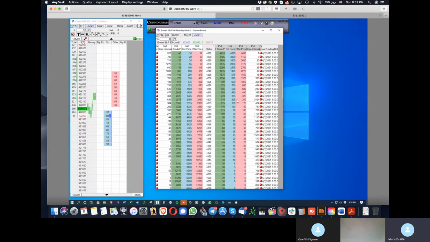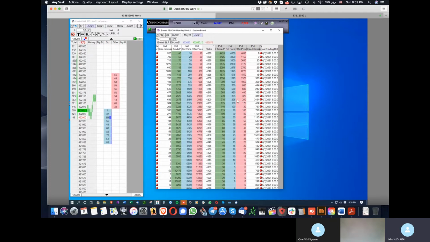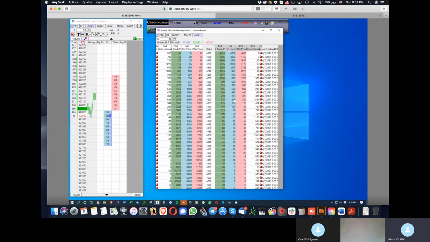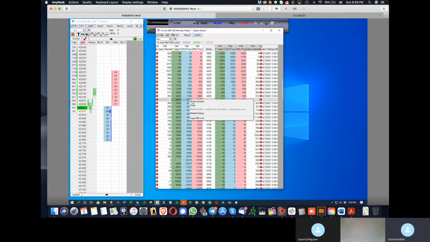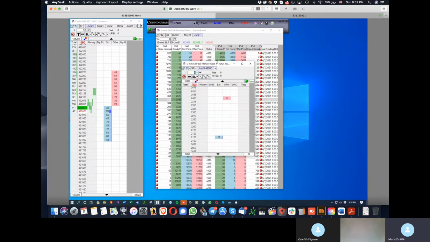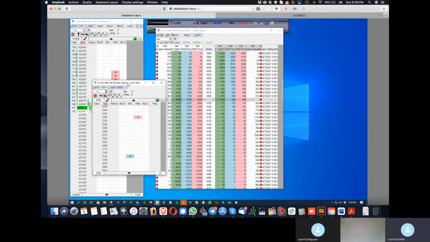So that should be somewhere around 350, 370. Okay, let's try to execute that now. Okay, so let's put 370 target at 42 even versus 4240 put.